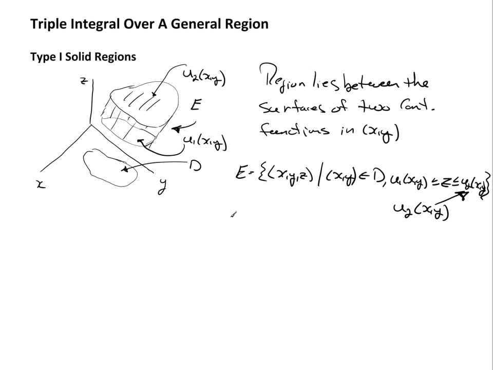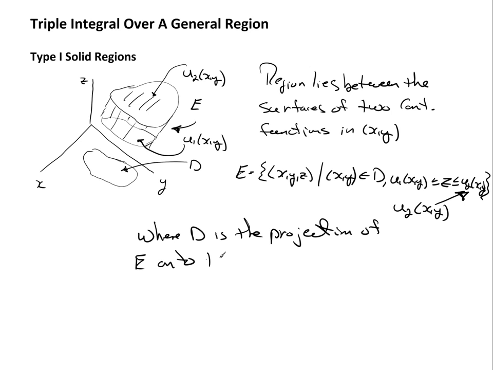So this is the solid E, where D is the projection of E onto the xy plane.